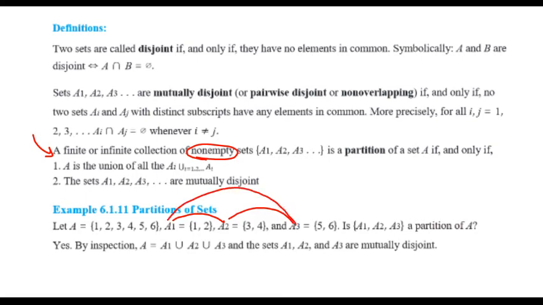The intersection of A1 and A3 also becomes the empty set because A1 and A3 have no common elements. So finally we conclude that A1, A2, and A3 are mutually disjoint, and based on the definition of partition, we conclude that this set right here, the set containing A1, A2, and A3, is a partition for A, where A is this set.